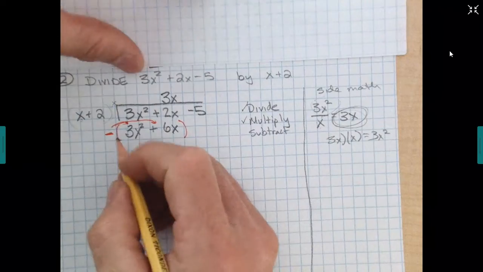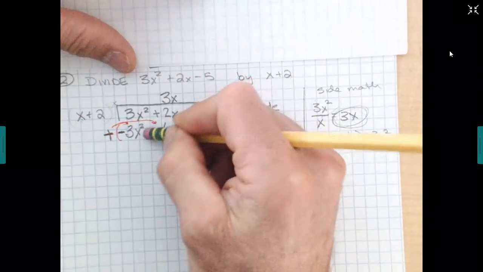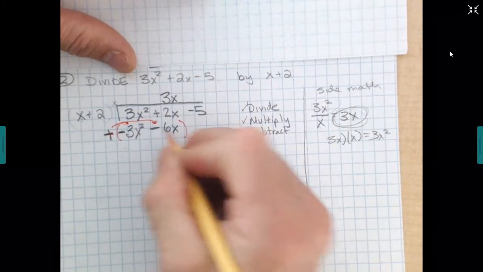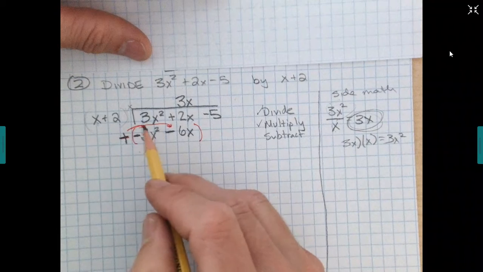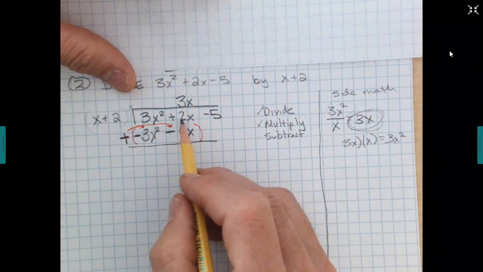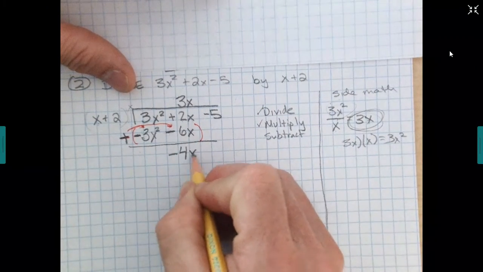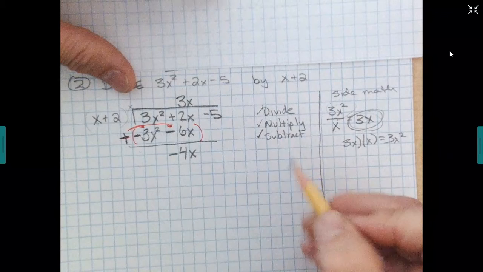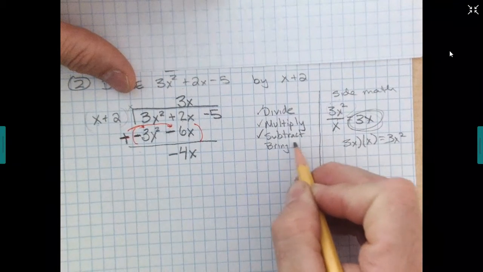So what I get is I'm going to add a negative 3 and a negative 6. So it's just what we practiced yesterday. I just am adding the opposite. So 3x squared minus 3x squared, well, that's 0. And then 2x minus 6x is negative 4x. There's my subtraction.